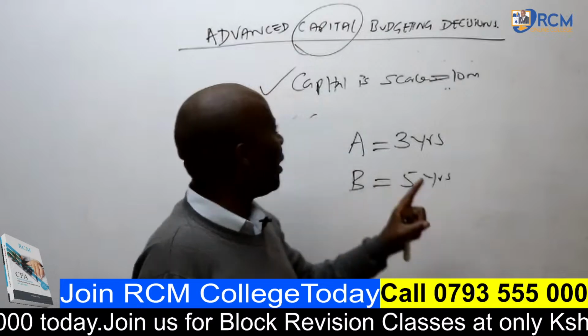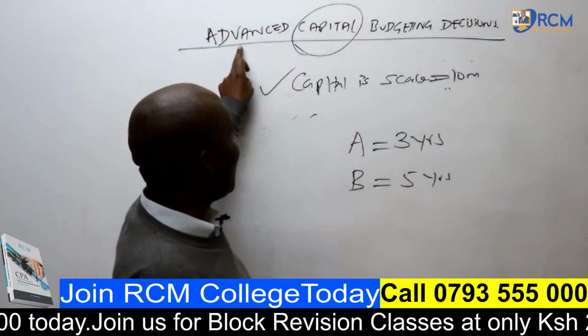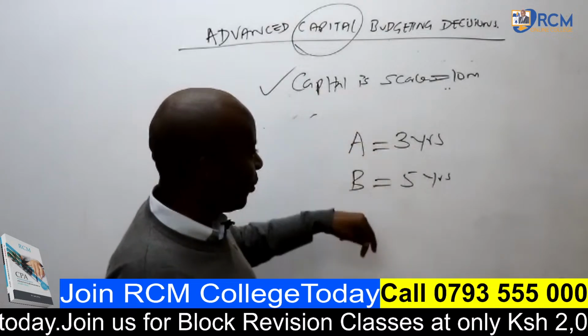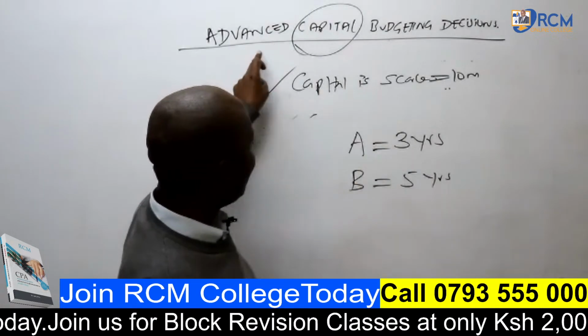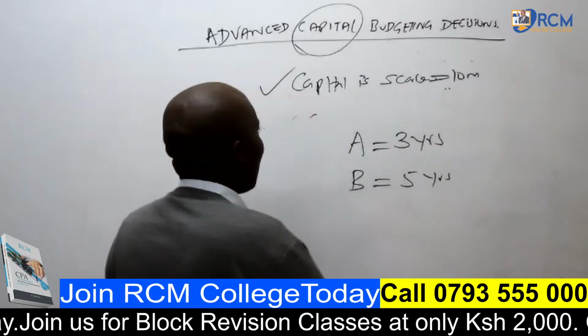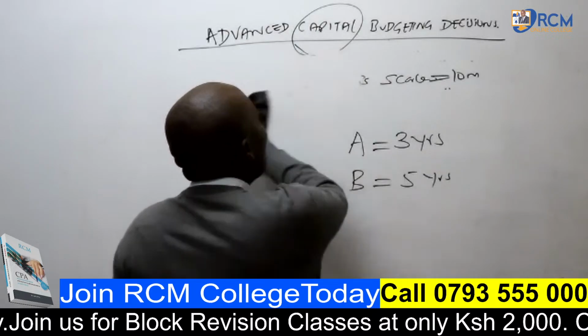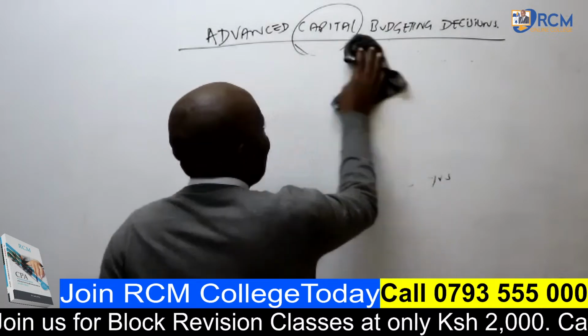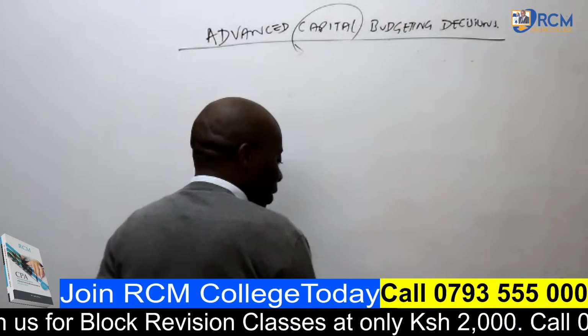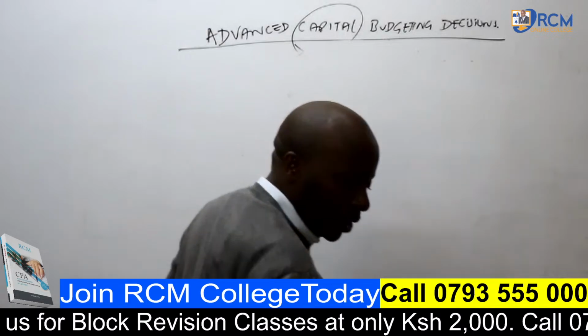Here, we are required to study what we call advanced capital budgeting, although we'll be getting some questions touching on this. Ours basically is advanced capital budgeting, where we are required to introduce probabilities and uncertainties.